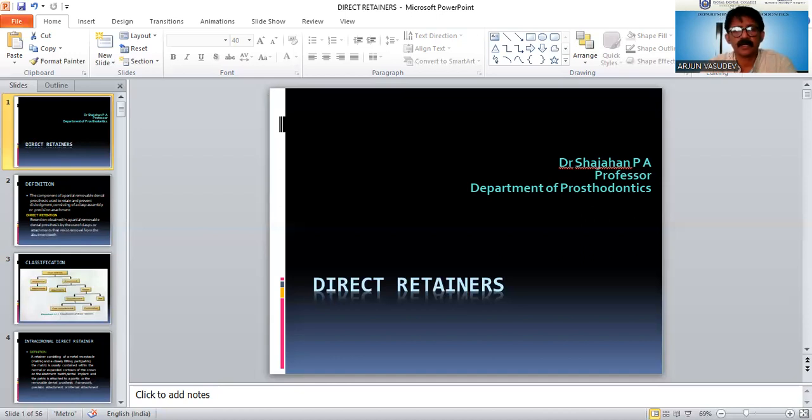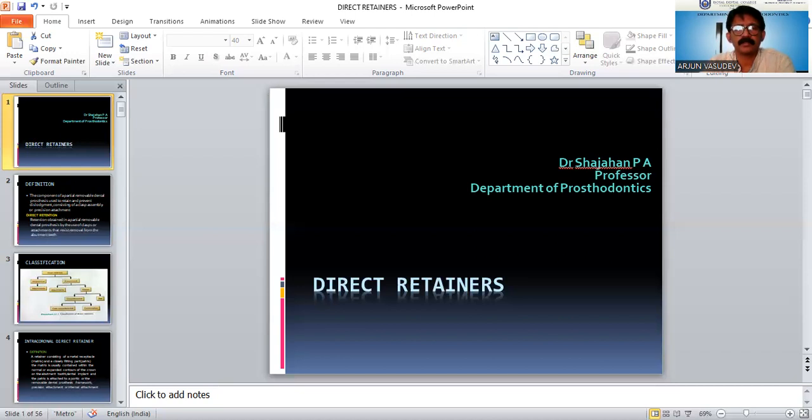Under the circumferential clasp, there are cast circumferential clasps and combination circumferential clasps. Combination means a combination of different methods. Cast circumferential clasp is the most common clasp assembly used in the removable partial denture for getting direct retention.